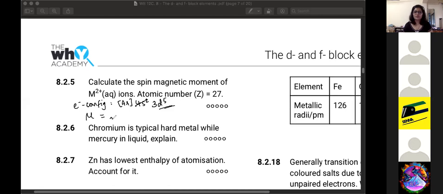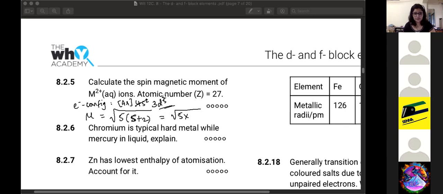So the moment is going to be root over 5 into 5 plus 2. How did you get root 15? Oh, my bad.